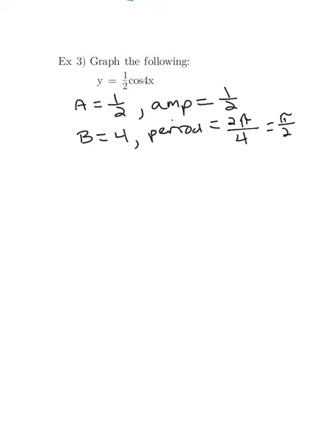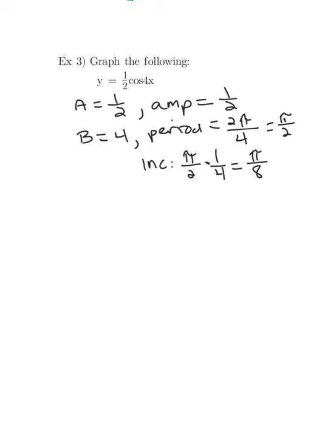Always go ahead and find the increments. You will find that to be very helpful. So your increments, you take your period length that you just found of pi over 2 and divide by 4, or if it's already a fraction, multiply it by 1/4. This will give me pi over 8.